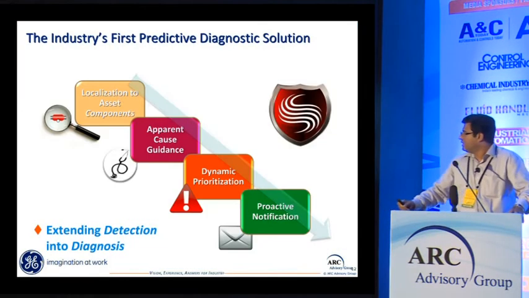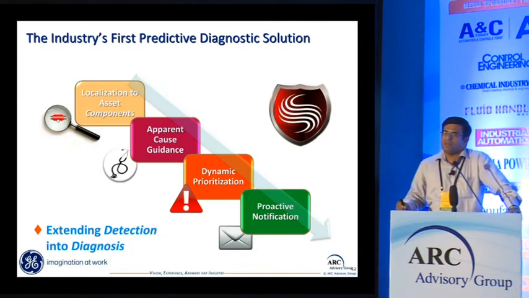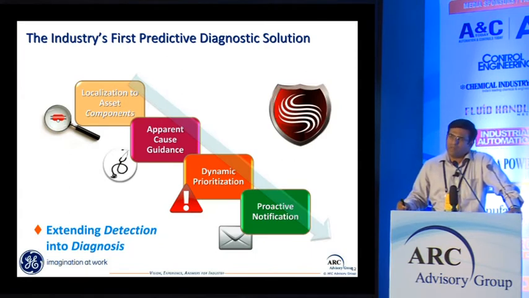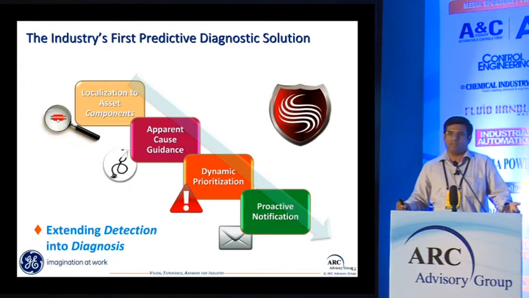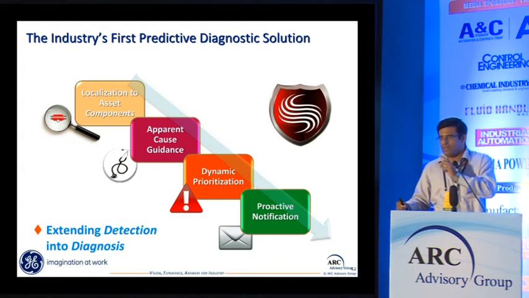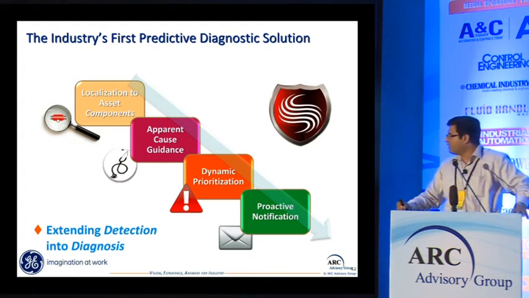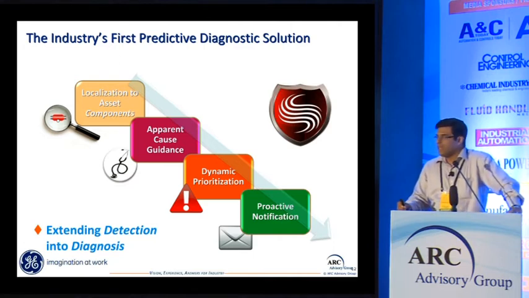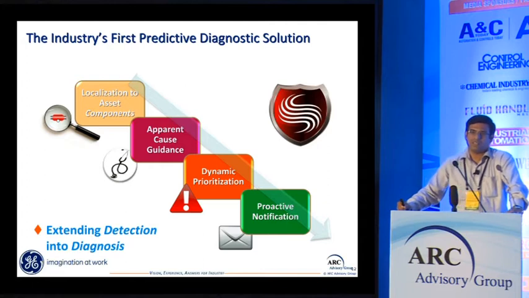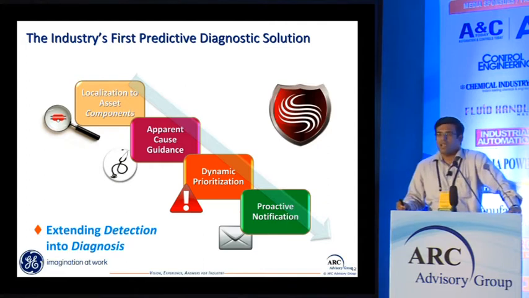So, step by step. Now it is not only important that some failure is going to occur, it's more important to understand where it will occur and what the apparent cause is. So that is what we start with, the localization of the asset component. Then we get into apparent cause. Prioritization, again very important.